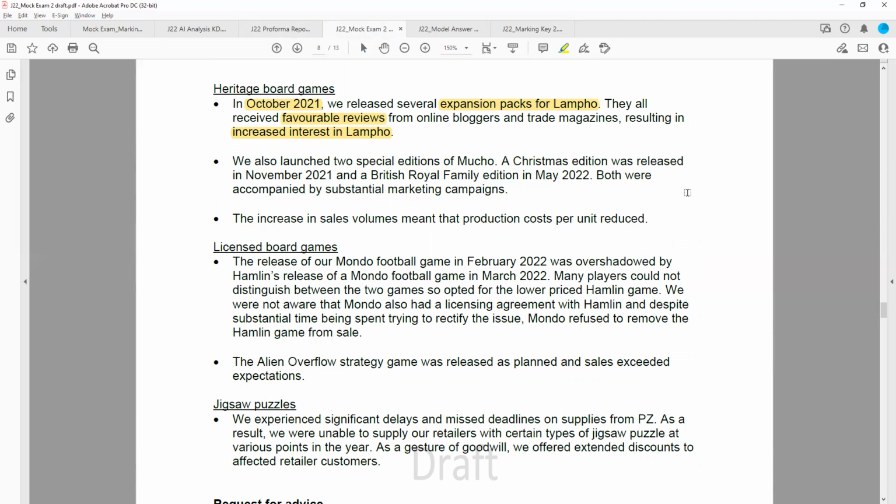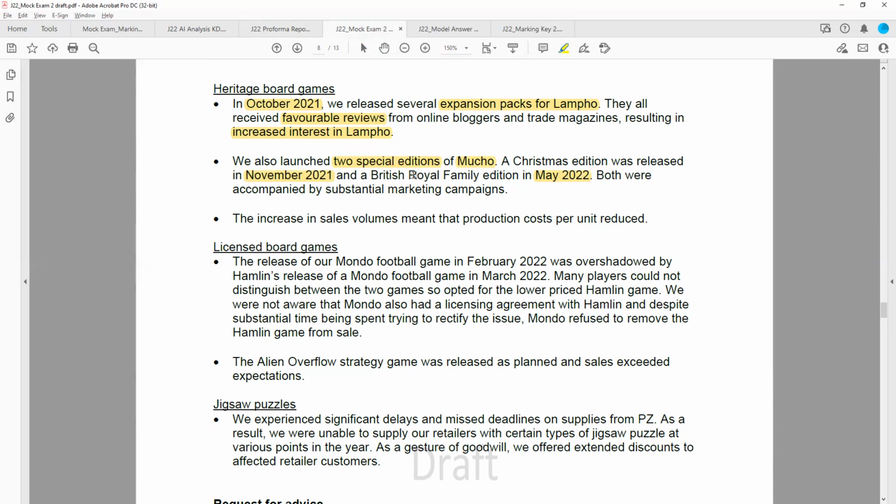So we also launched 2 special editions of Mucho. A Christmas edition was released in November 21 and a British Royal Family edition in May 22. So we might not have seen quite as much benefit of that, although I guess that would have been quite seasonal. Both are accompanied by substantial marketing campaigns.